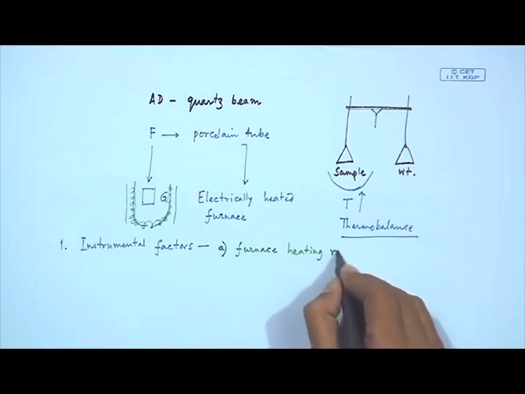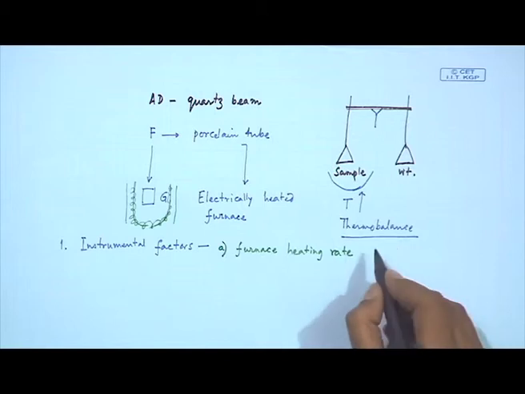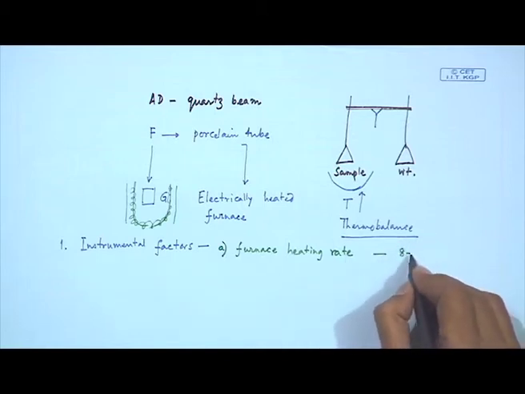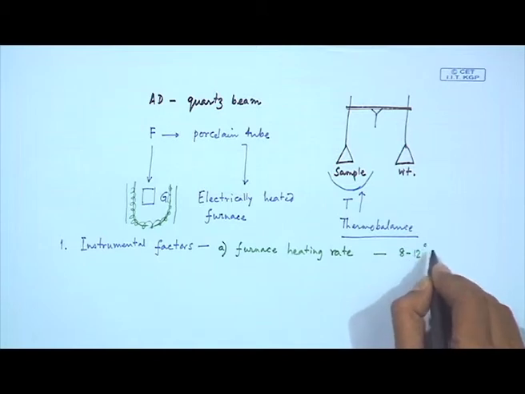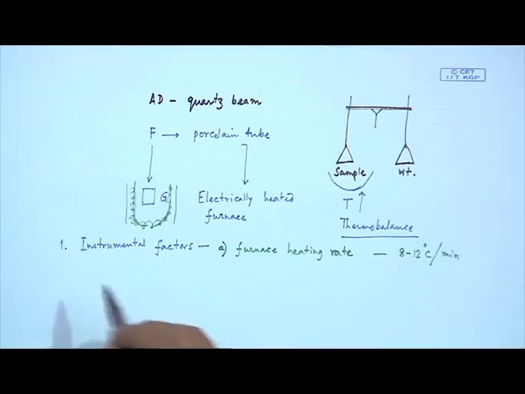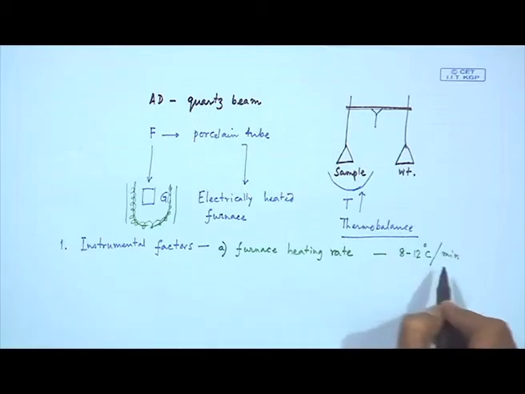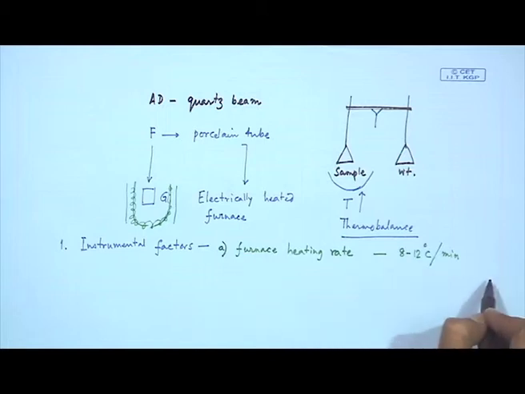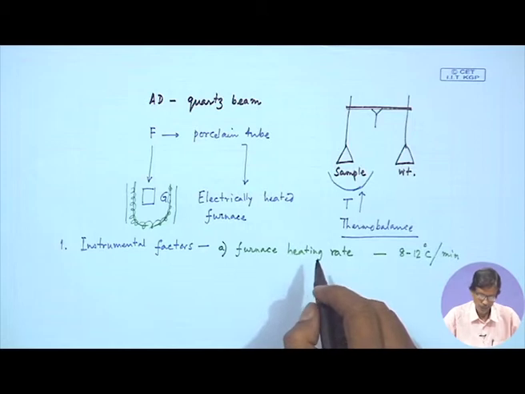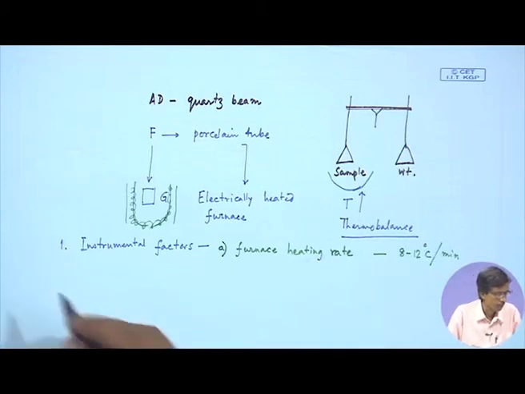This heating rate is important, and most of the time, even from Honda's time, it is in the range of 8 to 12 degrees centigrade per minute. We should adjust this rate, otherwise if we go for very fast heating, the plot for the thermogravimetric analysis would be different.